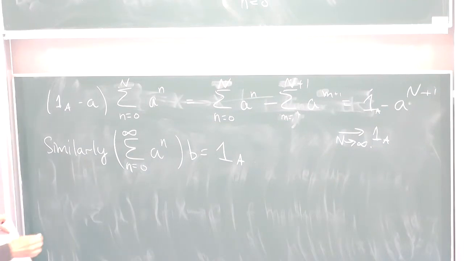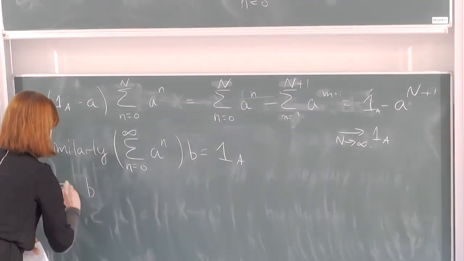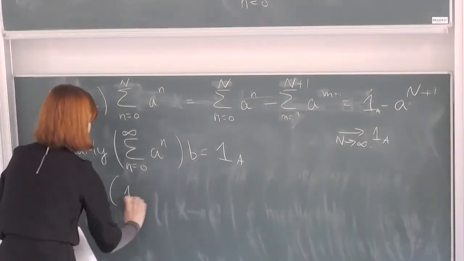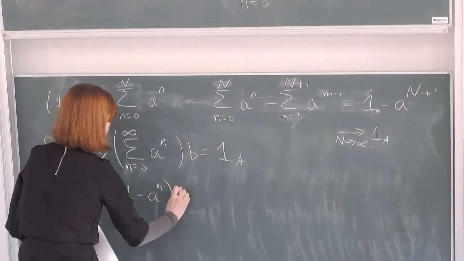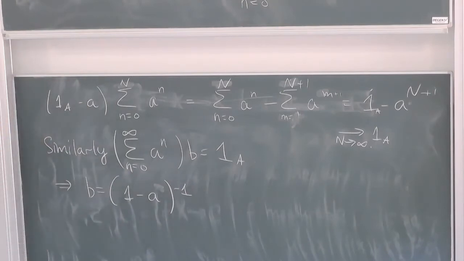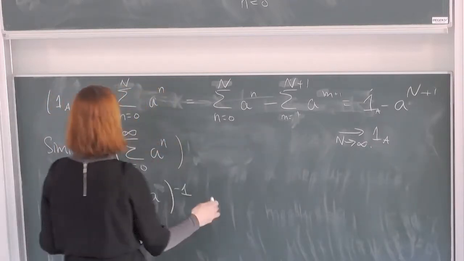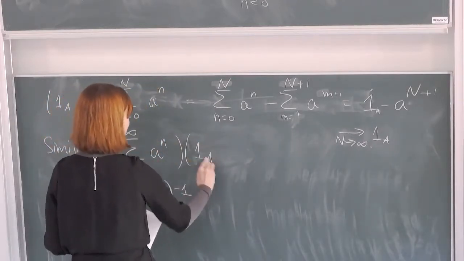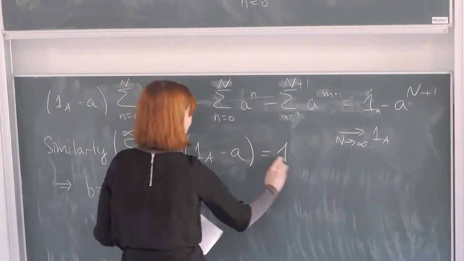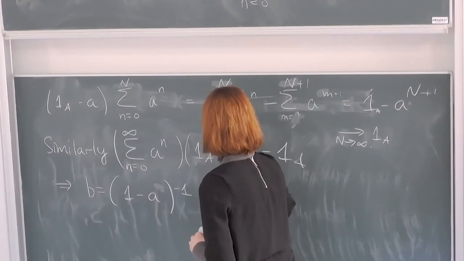Okay, so indeed, by uniqueness of the limit, we get that B is indeed the inverse. Sorry, what did I write? This is definitely not true. I meant to write this. This is the inverse as claimed.